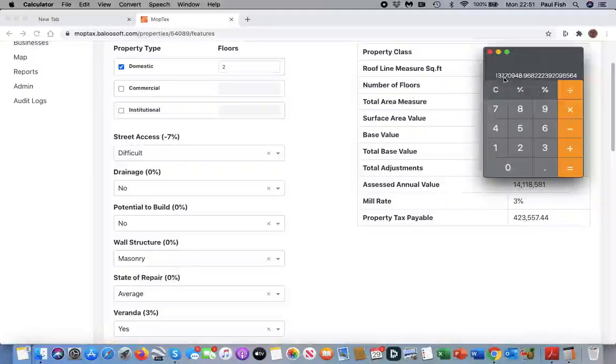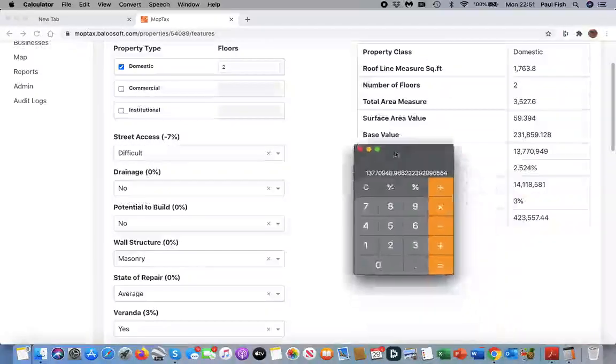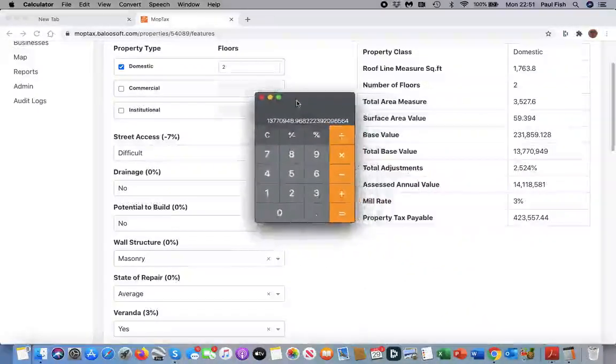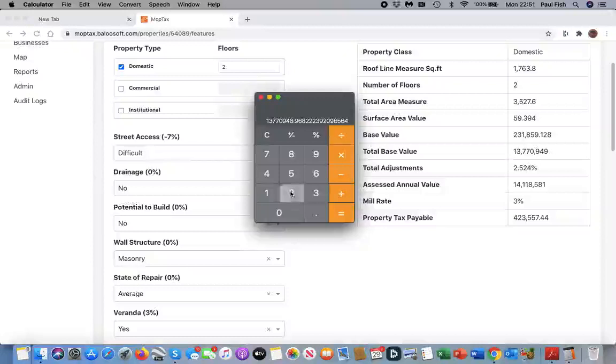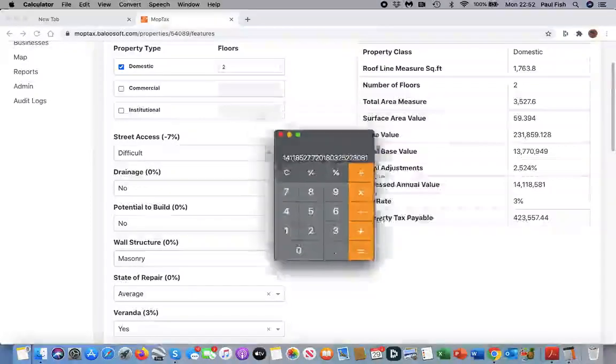We have our 13.77 million on the calculator, and we add 2.524% equals, and the result confirms that the computer is correct, 14,118,581.